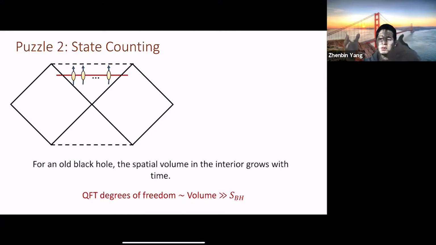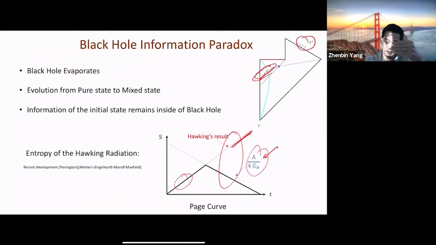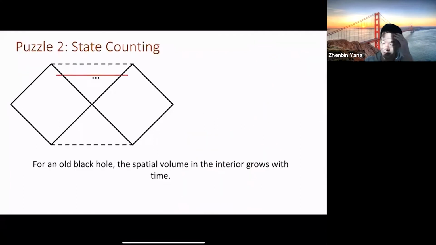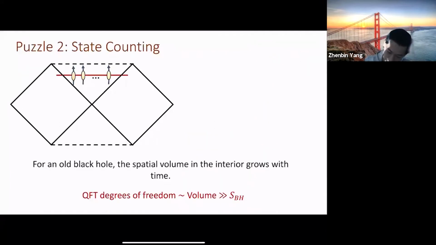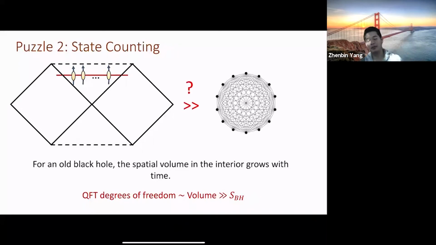In the late time of the evaporation process, we have the same issue: we have a lot of interior Hawking partners to entangle with the exterior, and in particular, the degrees of freedom described by the semi-classical picture is much bigger than the black hole entropy.